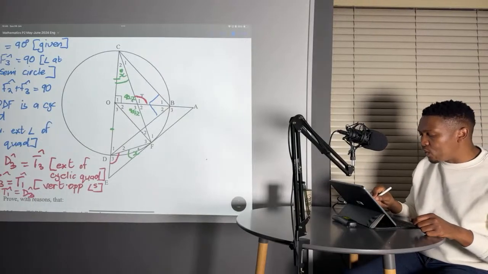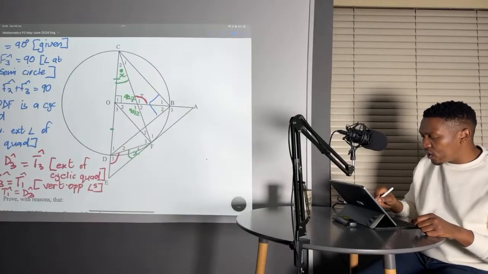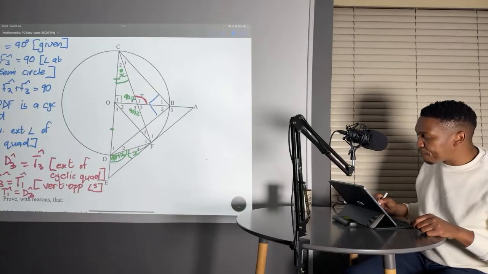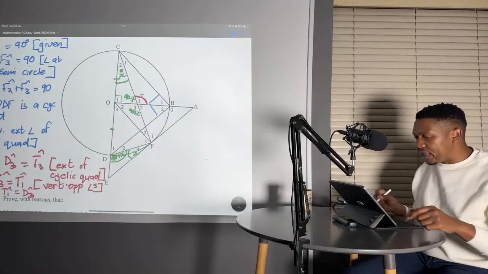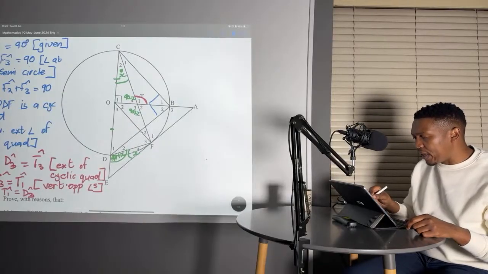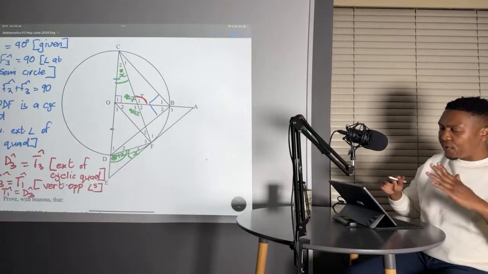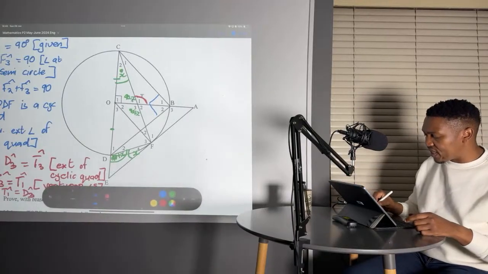So I'm trying to get another angle that would be equal to, so this guy is 90 plus X as well. We've already found it to be 90 plus X, right? In fact, rather, let's do it like this, right?